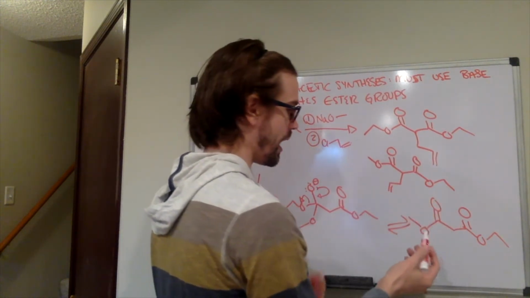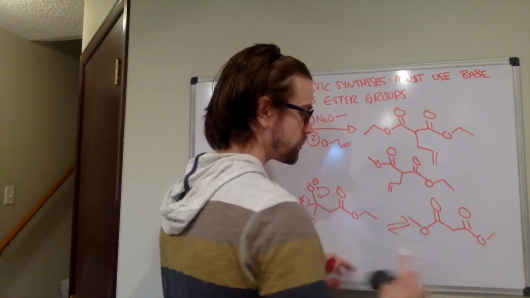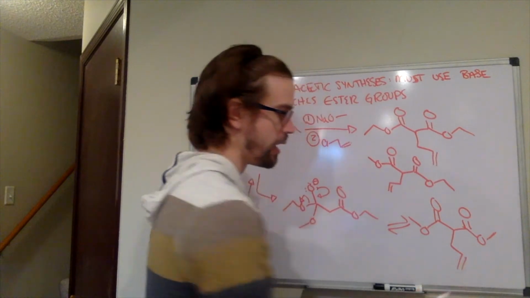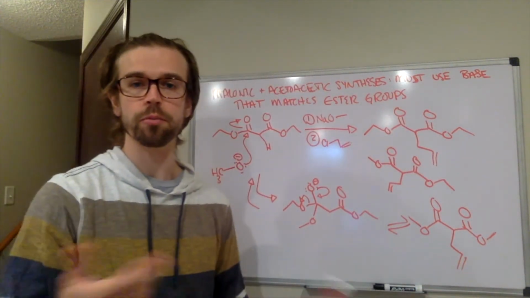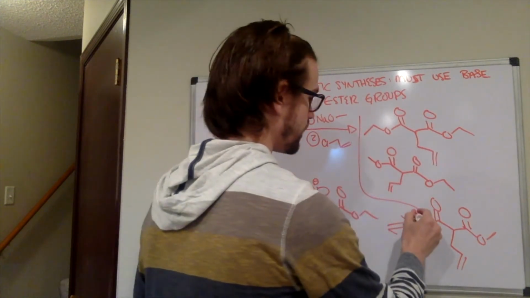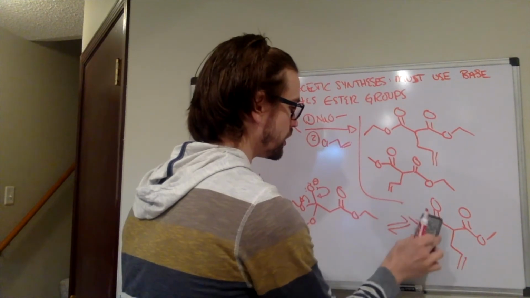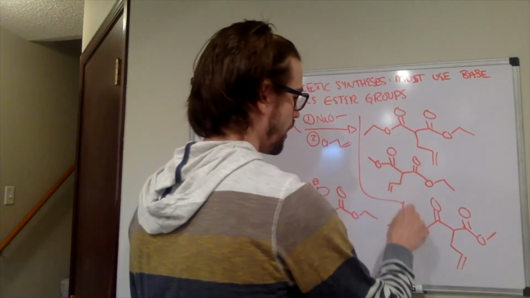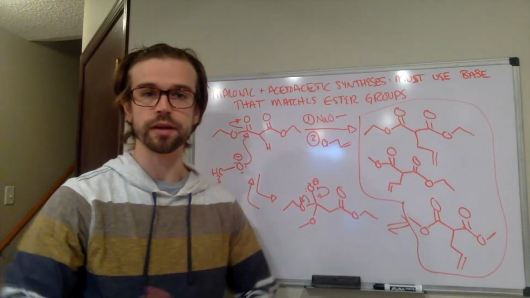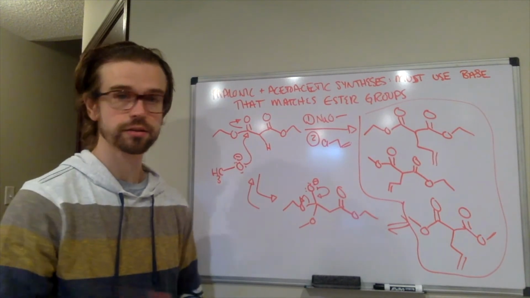We could also have a product, and I'm just going to shorthand this one, where both of the esters were changed out to the methyl ester, and we have the alkyl group put onto that. So instead of having one product that is easy to characterize, we're probably going to have a mixture of three products that complicates the purification and characterization of our synthetic products.